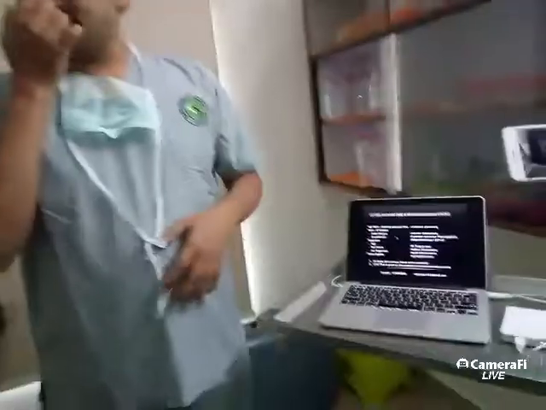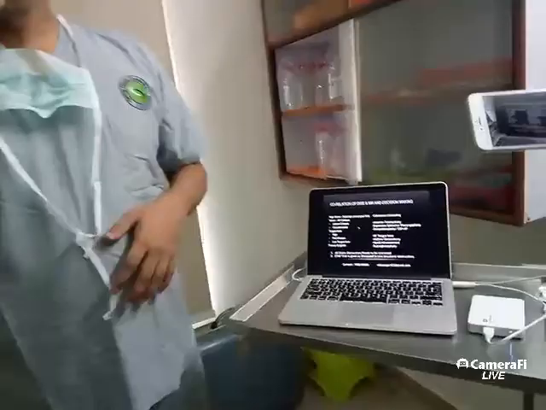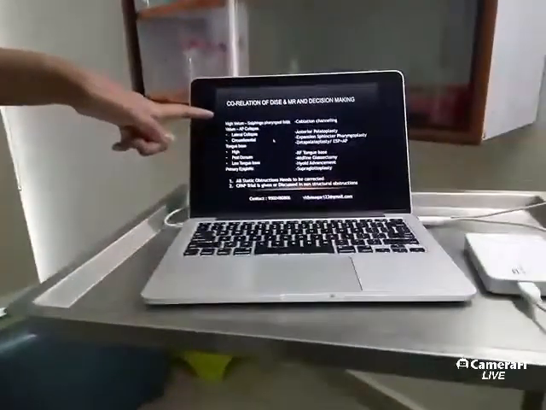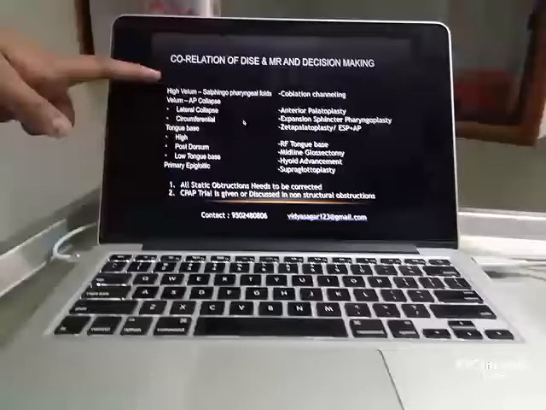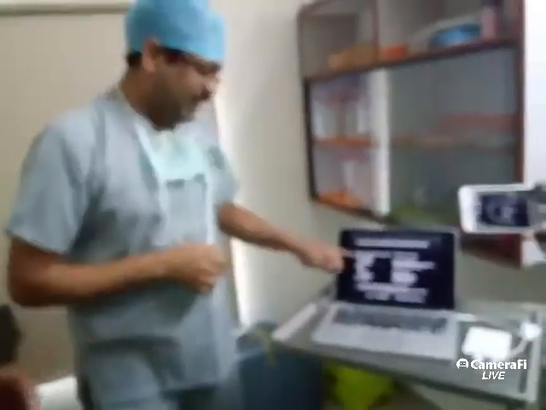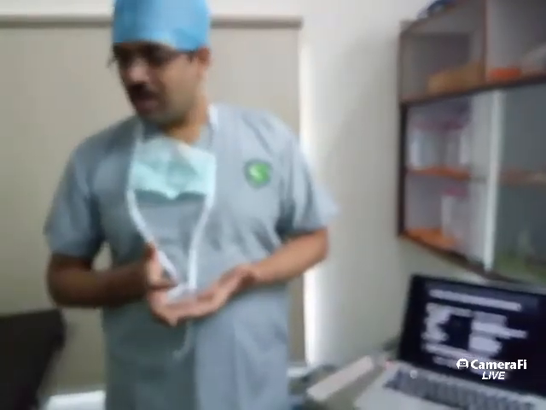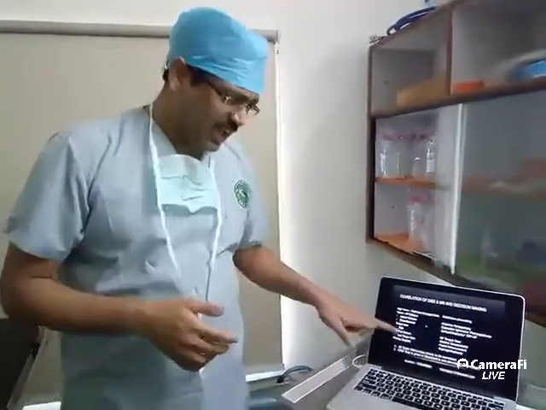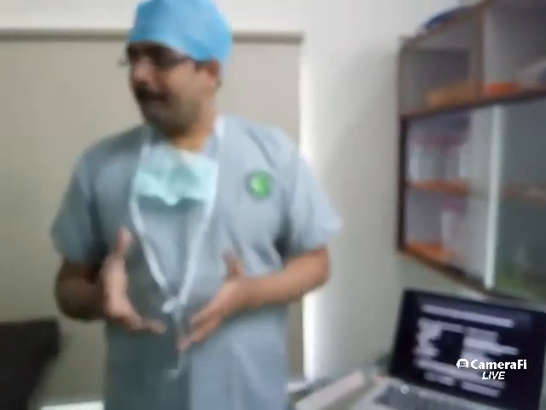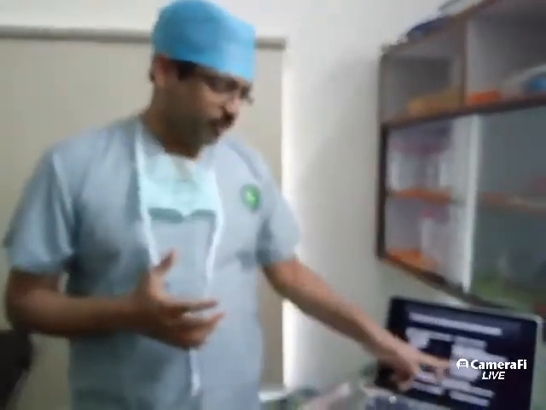Now you have done a DISE, and the problem, or the collapse that goes to the midline, like kissing in the midline of the tongue base, may need radio frequency of the tongue base, or we may have to do an external procedure. If there is a low tongue base obstruction, you have the option of doing a midline glossectomy.